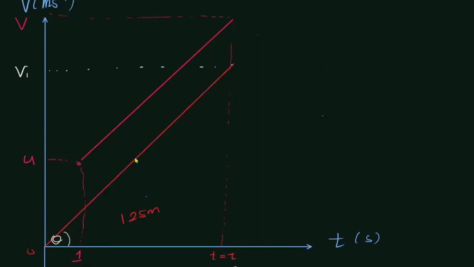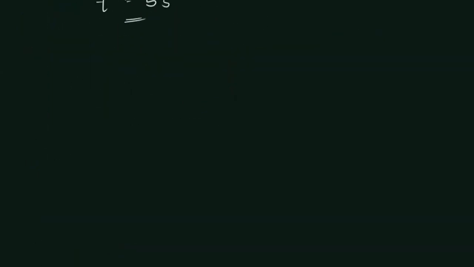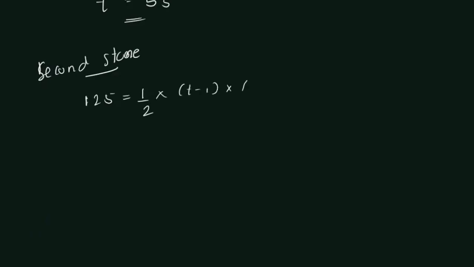I will write an expression for the trapezium. Half into perpendicular height, which is t minus 1, and we have to add these two parallel distances, u plus v. So for the second stone, 125 is half into t minus 1 into v plus u.